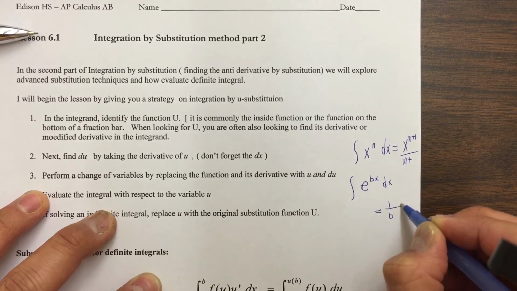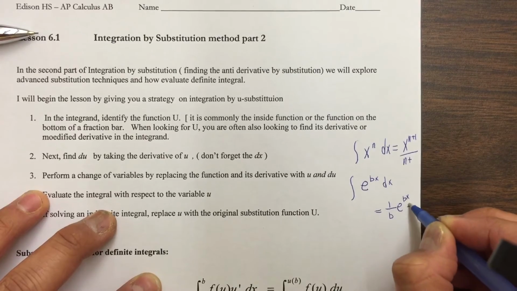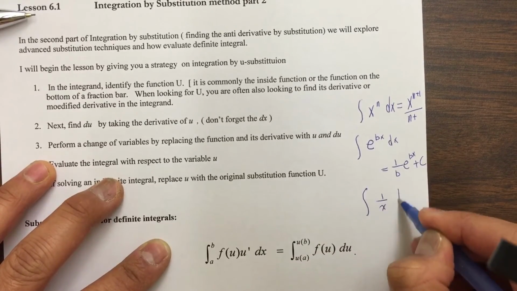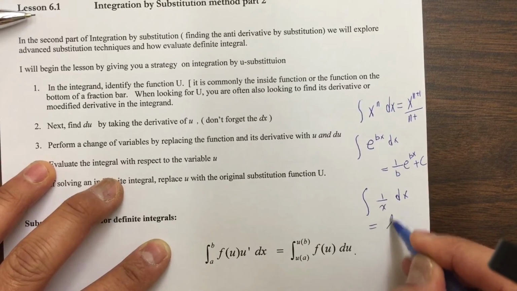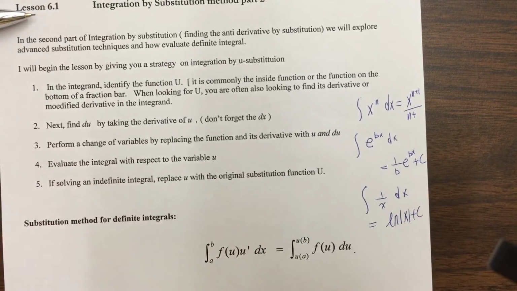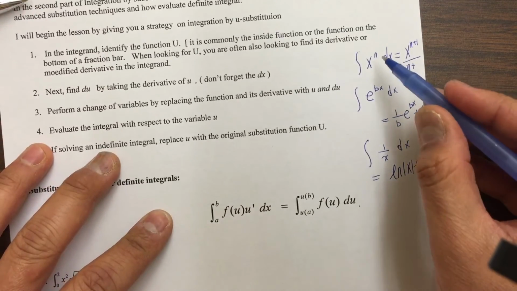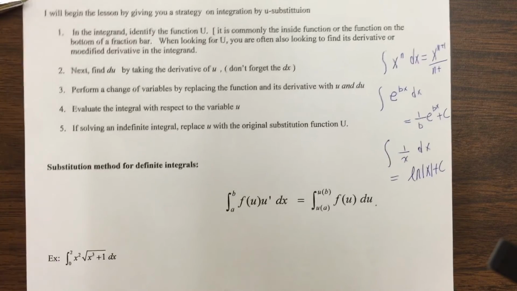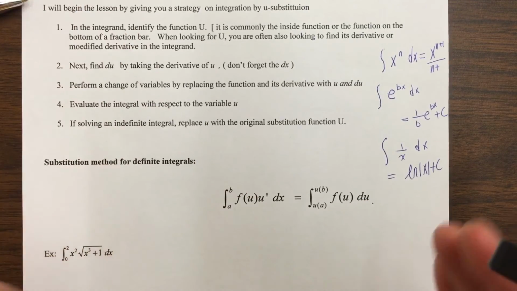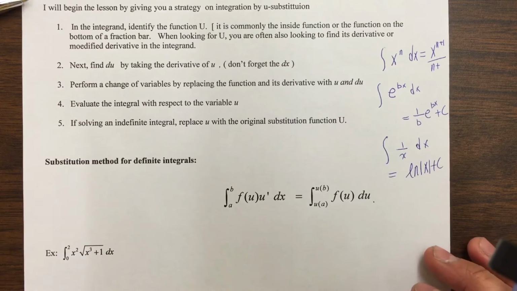Just a few functions are possible to find the antiderivative for. Okay, so those are some of the functions that we know how to find the antiderivative for, and the substitution method opens up to allow us to find antiderivatives for more functions.